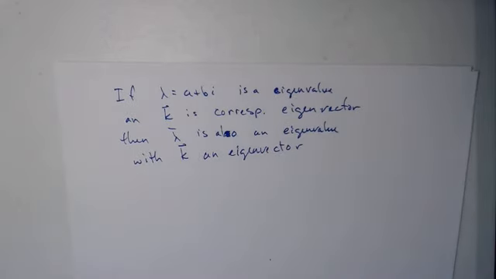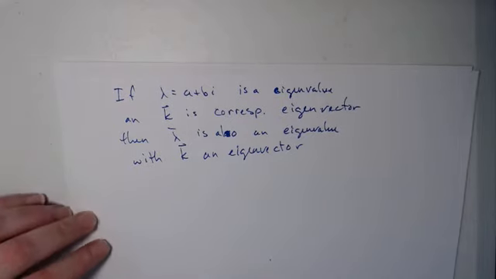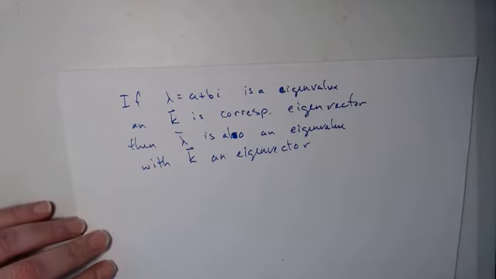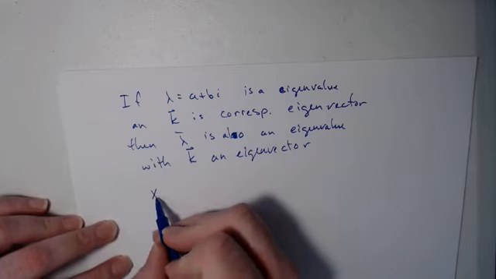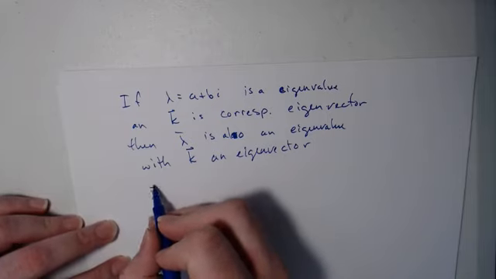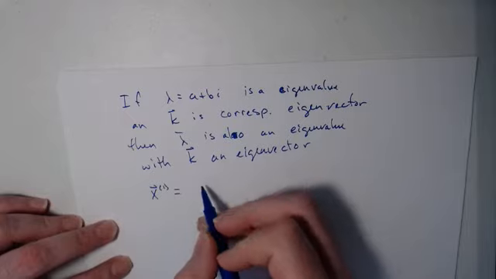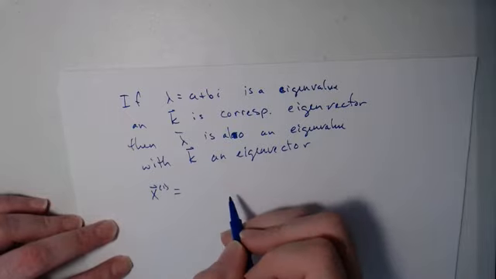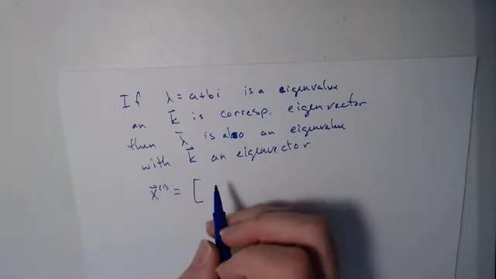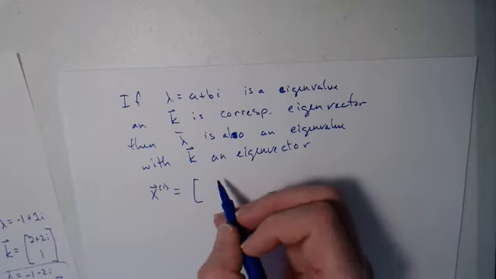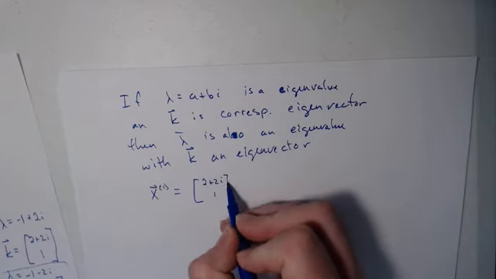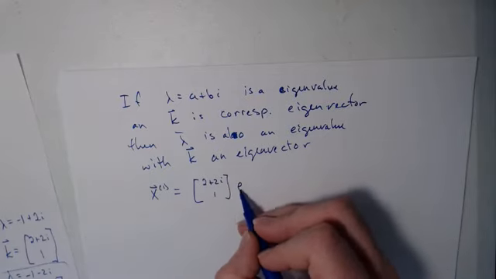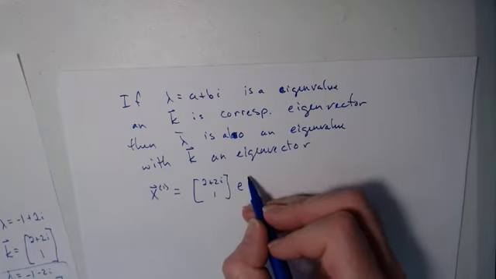Let's review this. So that means that we can write our solution, or a solution, as x1 equals (2 plus 2i, 1) times e to the lambda t, right?